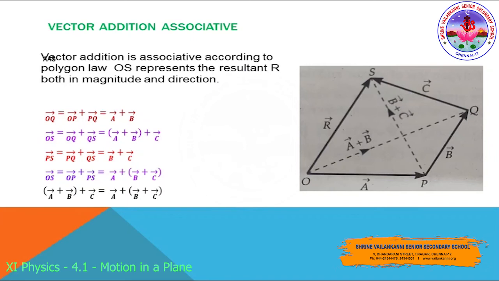First take the triangle OPQ. From that we get OQ, which is equal to OP plus PQ, so A vector plus B vector.